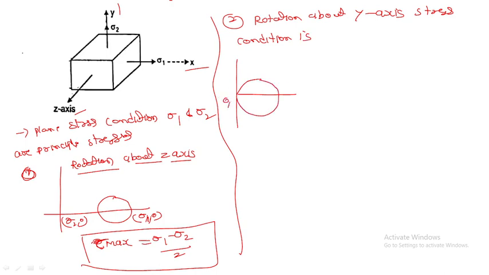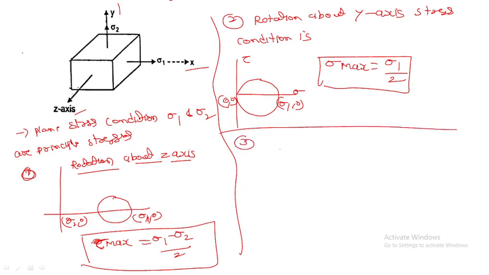Here this is 0 comma 0, this is shear stress, normal stress, and this one value is σ1 comma 0. So the value of tau max is how much? The first one, the average of that one, we can say this is the second one.